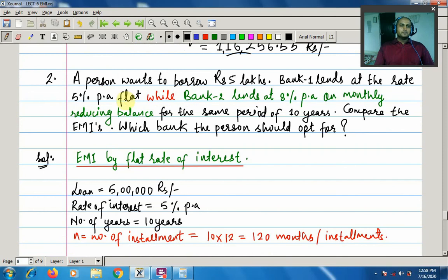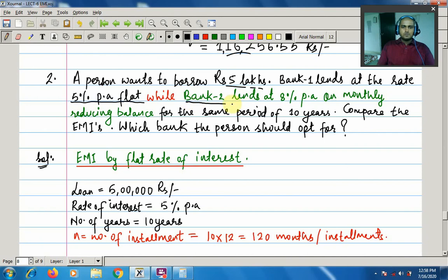So a person wants to borrow 5 lakh rupees from a bank. Let's read it again. A person wants to borrow 5 lakhs. Bank 1, okay, so we have two banks here. Bank 1 lends at the rate of 5% per annum flat, where flat means flat rate of interest.